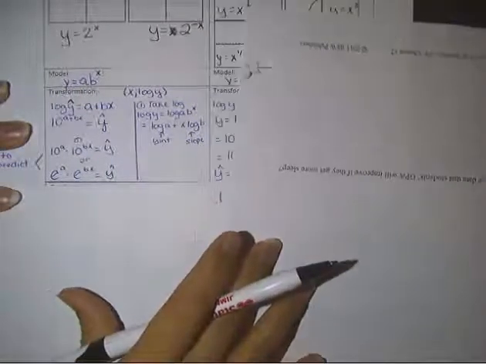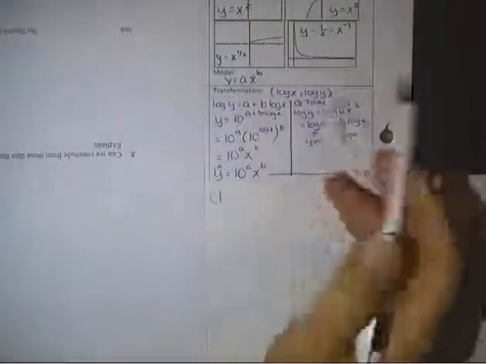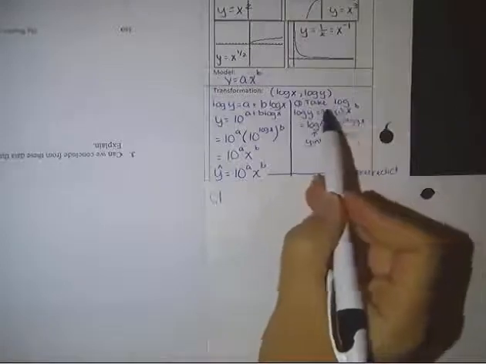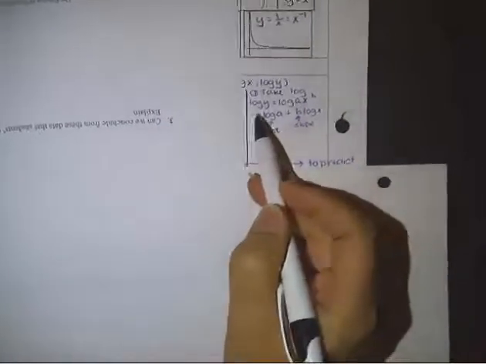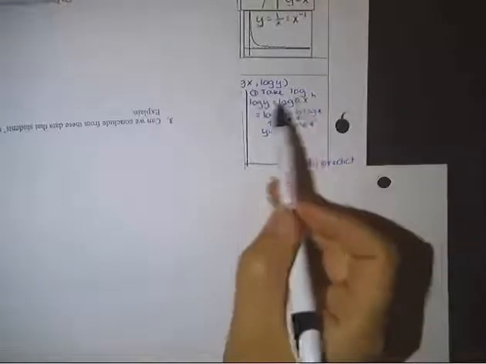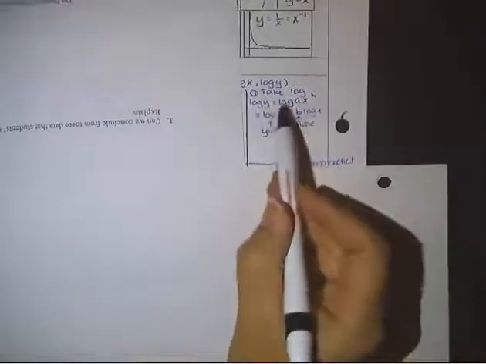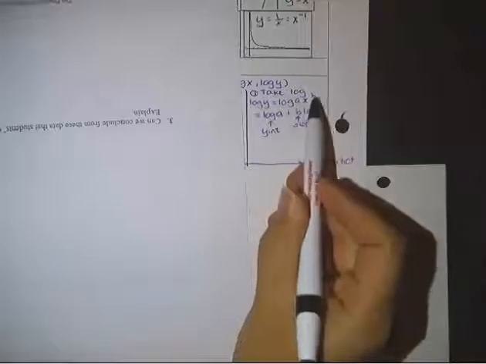Let's look over here for a power model. So if we, starting right here, take the log of both sides, I have log of y equals log of ax^b. Just taking the log, I could have taken the ln of both sides.